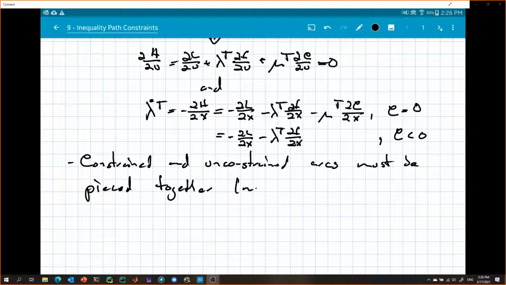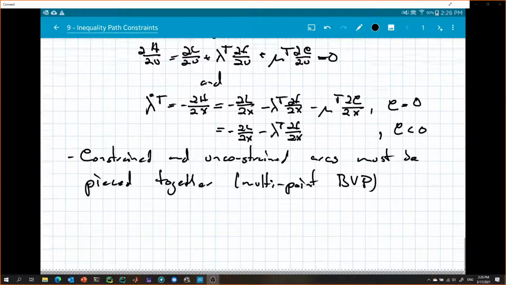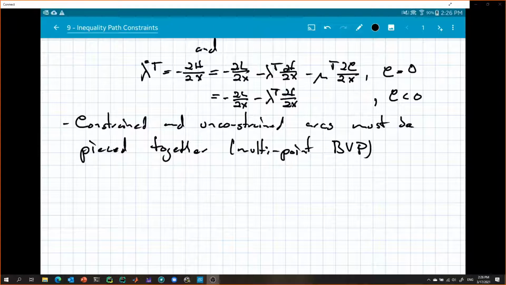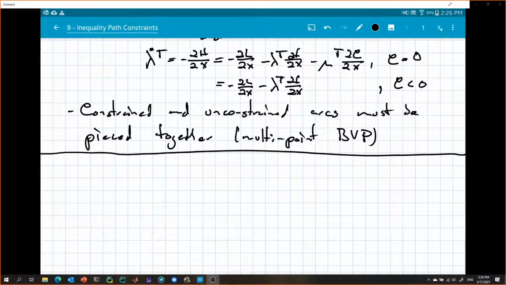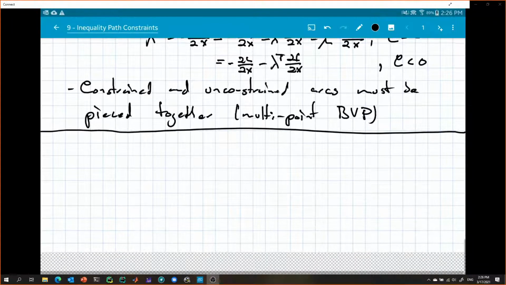And that, as I said before, is a multi-point boundary value problem. Okay, are there any questions so far? Okay.